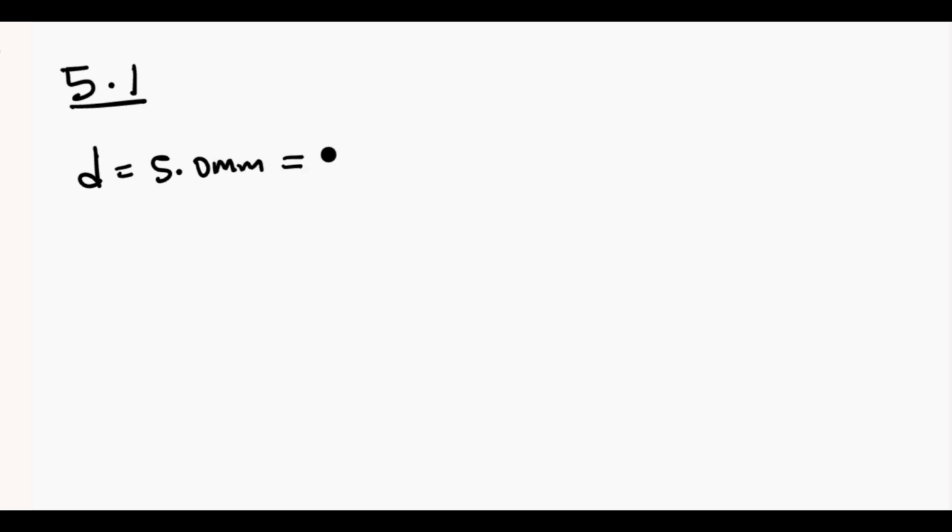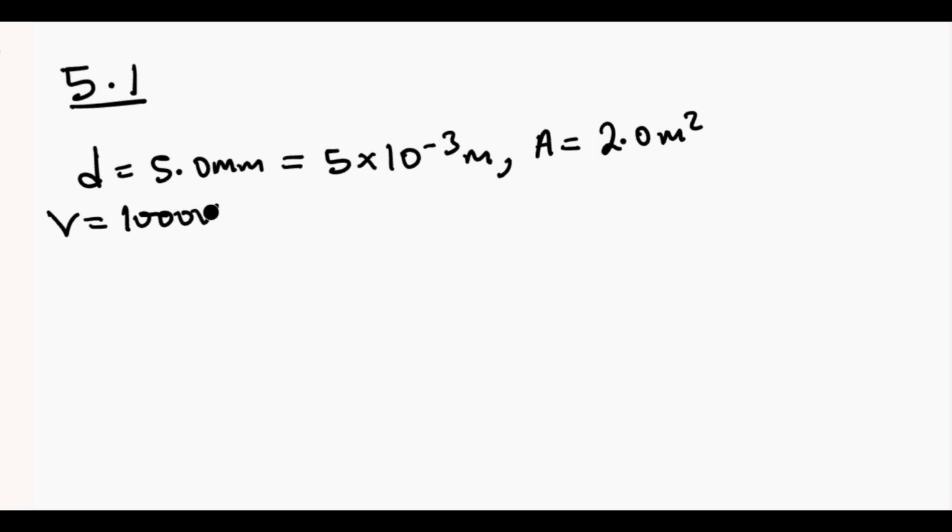Immediately you see this, just change it to meter, that is multiplying by 10 raised to power minus 3. And area is equal to 2.0 meter square, already in meter. So a potential difference of 1000 volts is applied. So here we have V equals 1000 volts applied. Find the capacitance.